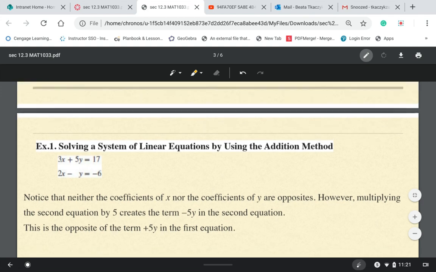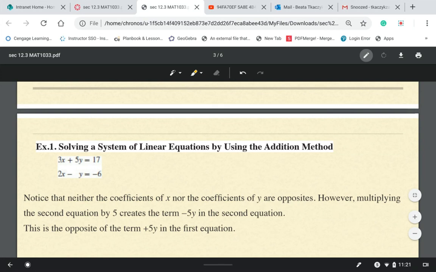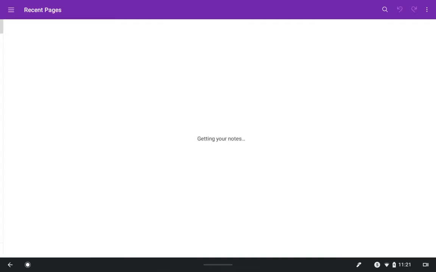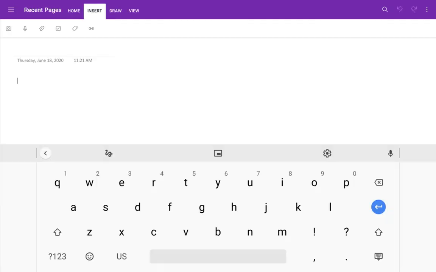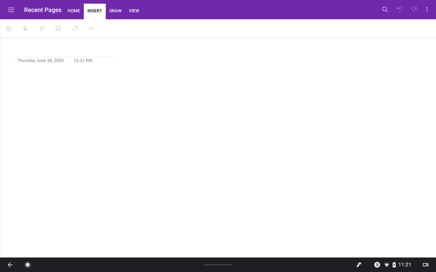Okay, so first we're going to solve the system 3x plus 5y equals 17, 2x minus y equals negative 6. So let me go to the whiteboard. Okay, and this is example 1, so let's solve it.